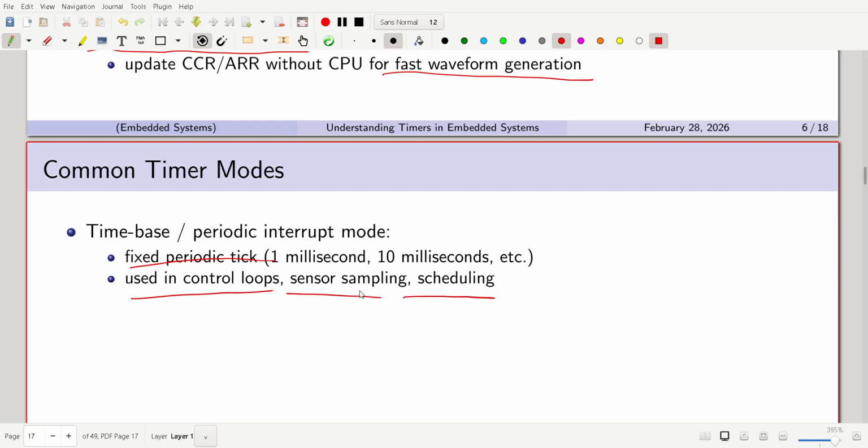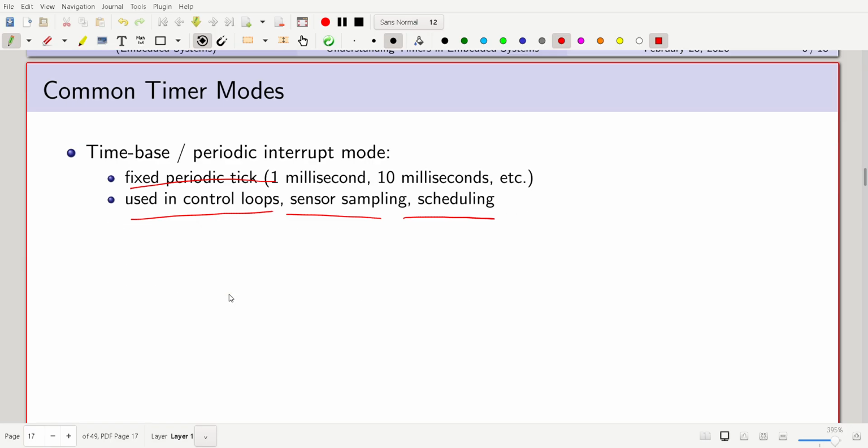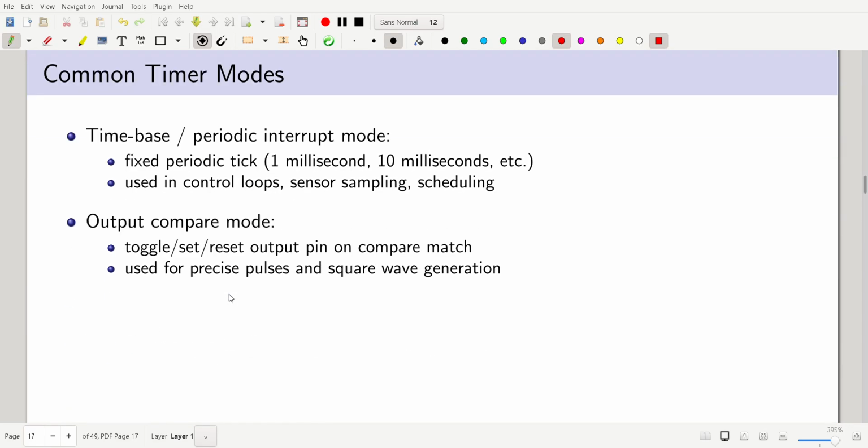So by this we can use the timer mode, periodic or time based. Then output compare mode: toggle, set or reset the output pin on compare match. It is used for precise pulses and square wave generation.